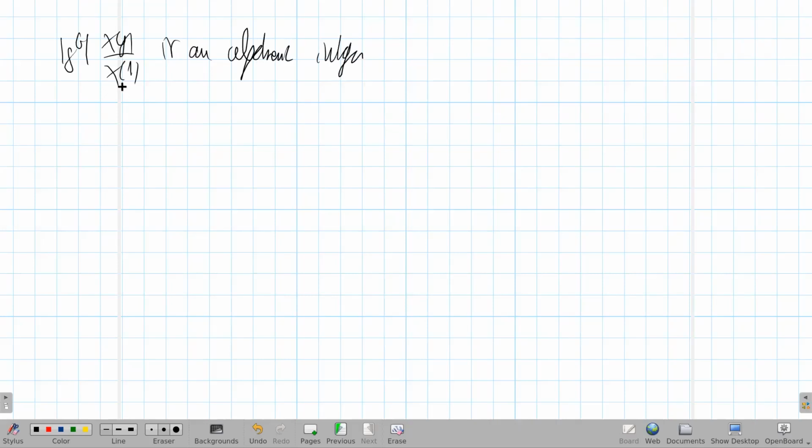And remember, this is not obvious because we are dividing by an integer. Now, if the greatest common divisor between this and chi1 is 1, well, you should have a conditional reflex and think of Bezout's theorem.